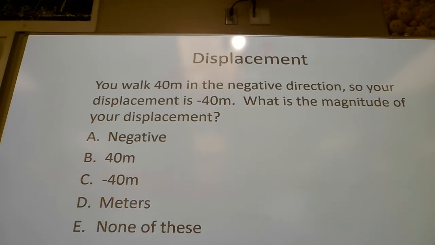Correct answer is? Correct answer is B. The magnitude is the absolute value of a measurement. It's just the number. Okay? So in a question, if they ask for what is the magnitude of whatever, that should be a happy thought because you don't have to worry about positive or negative sign.